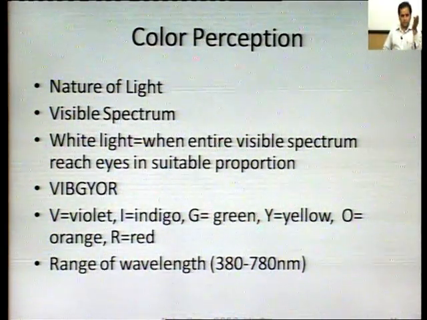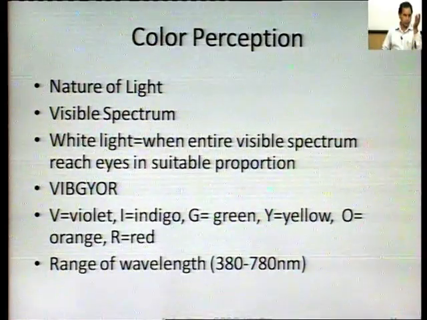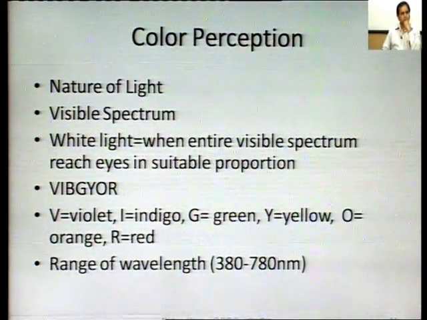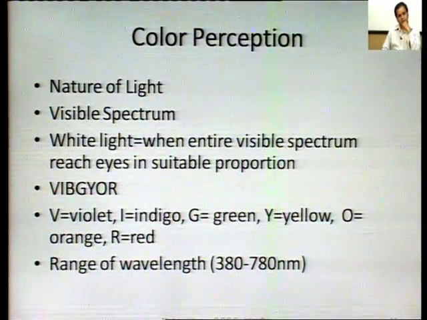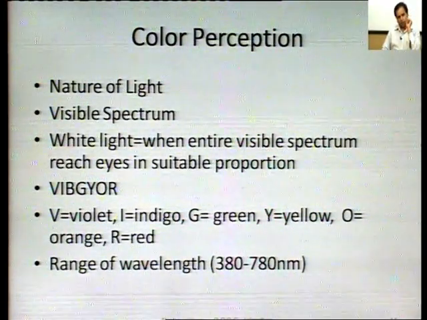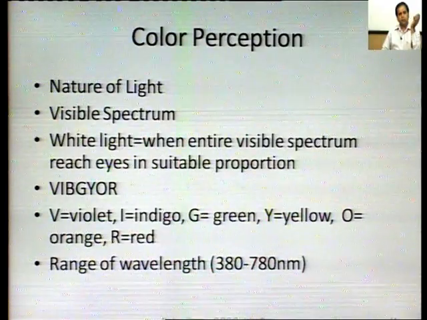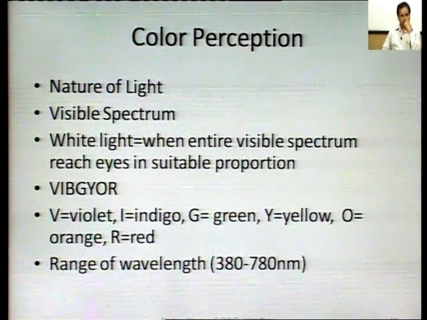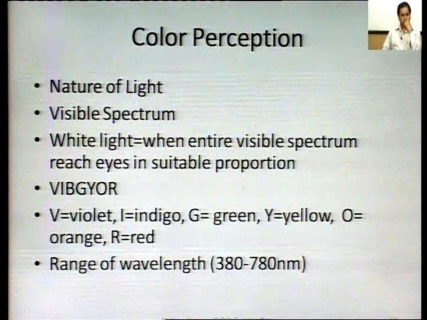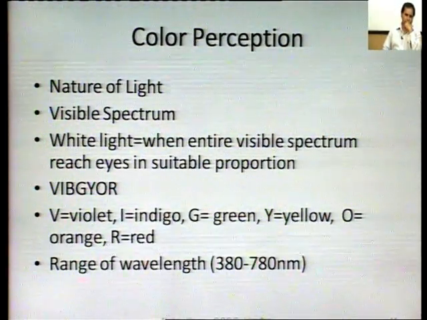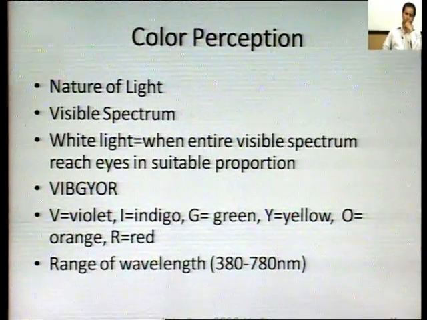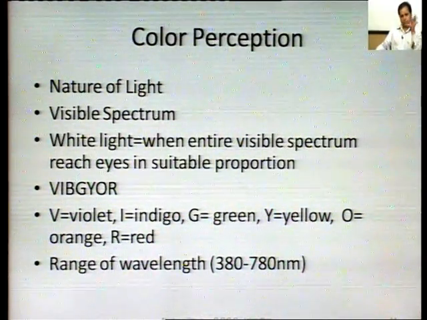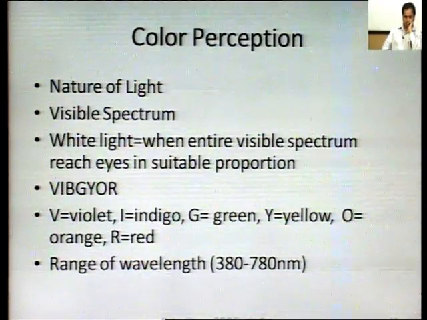VIBGYOR: violet, indigo, blue, green, yellow, orange and red. These are the 7 colors which we see in the visible spectrum. The range of wavelength of the visible spectrum extends from 380 to 780 nanometer.